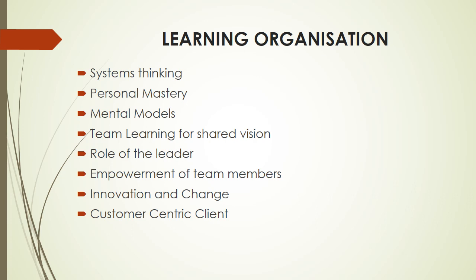What are the characteristics of a learning organization? The first characteristic of a learning organization is systems thinking. What is systems thinking? Systems thinking is where every individual understands that he is a part of the entire system, and therefore the individual works not for his individual betterment but for the betterment of the organization.